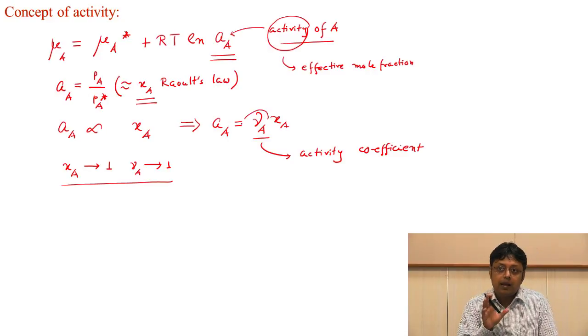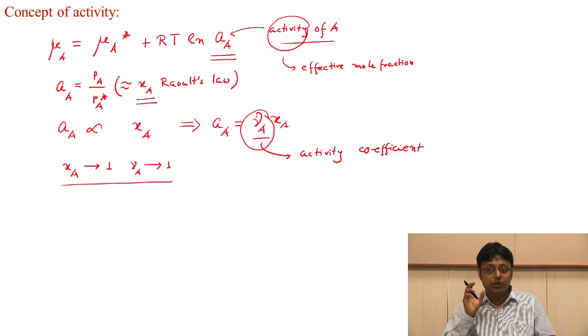If you can come up with a theory which nicely shows how gamma A, or the activity coefficient, goes from a value of 1 to something else in a very, very nonlinear fashion, then we can have a very real situation which can explain everything. So gamma is not actually exactly a constant. It also depends on the mole fraction. That is very, very important.